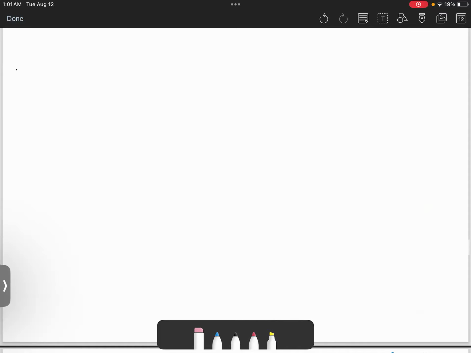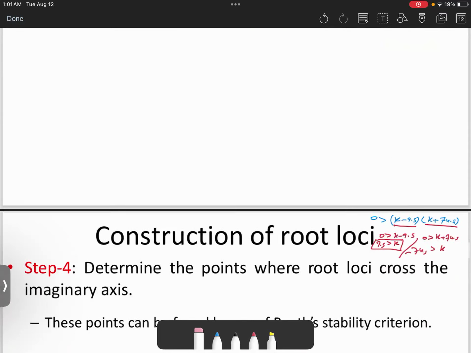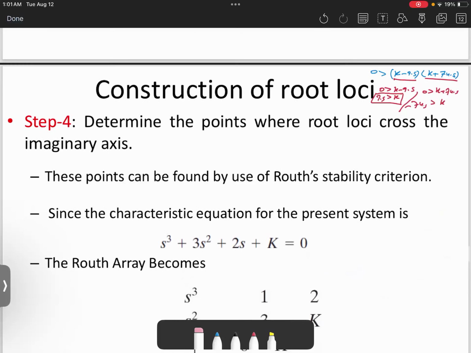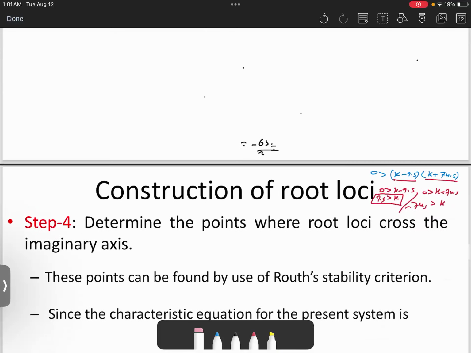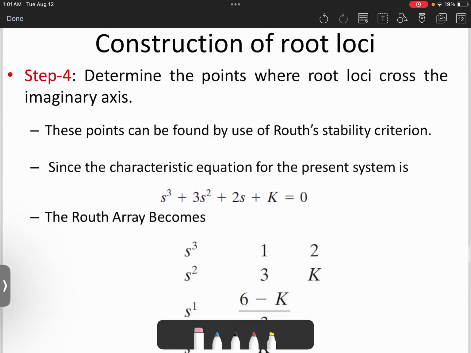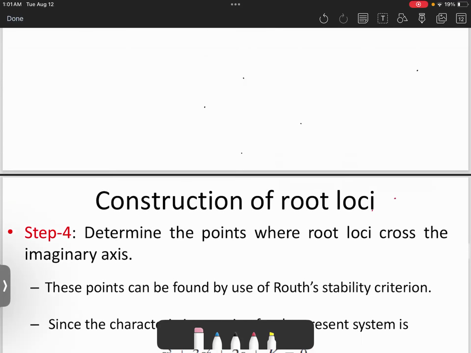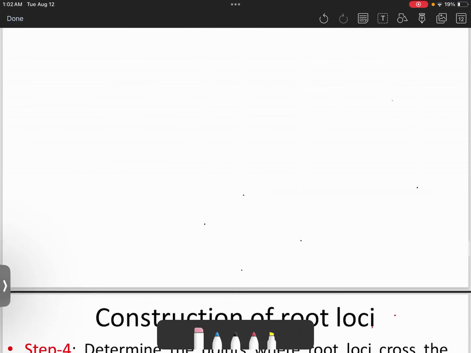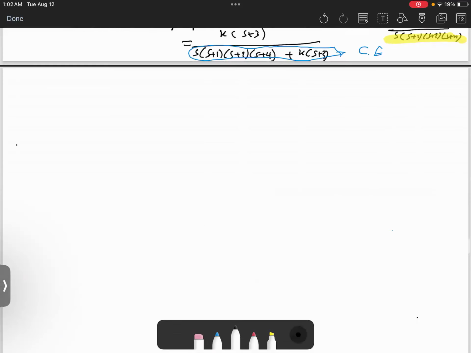Now, for the next example, let's assume we have the following transfer function. Assume we have this block diagram, which is 1 over the open loop transfer function.